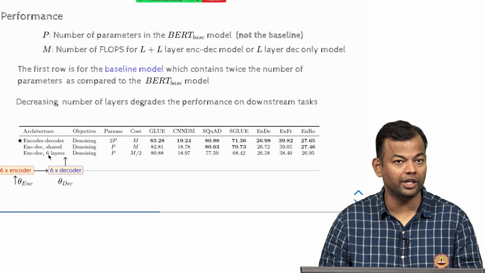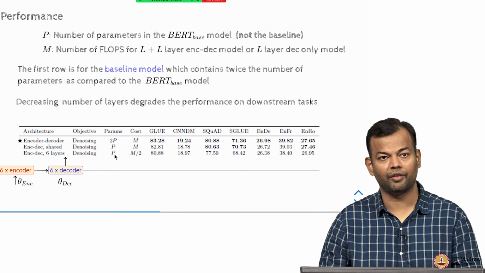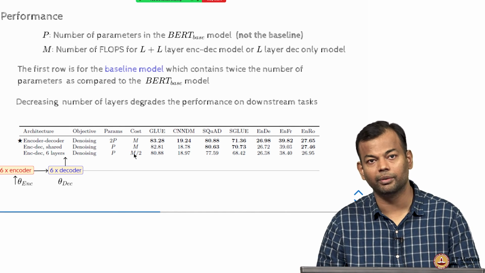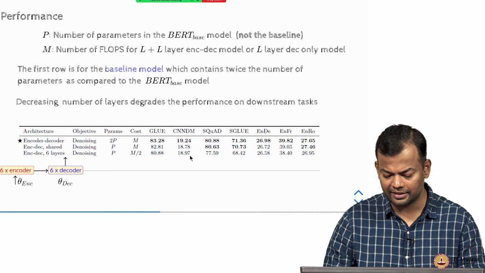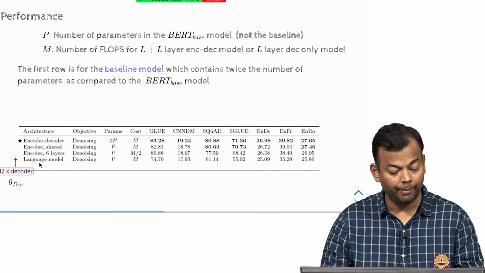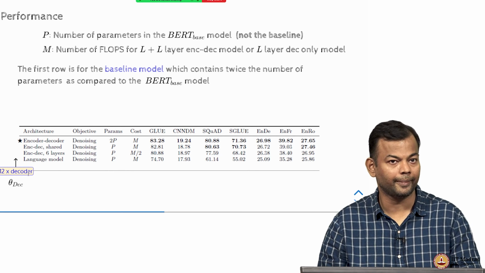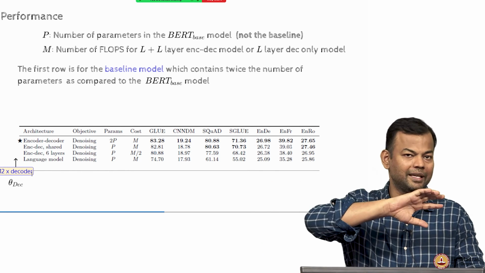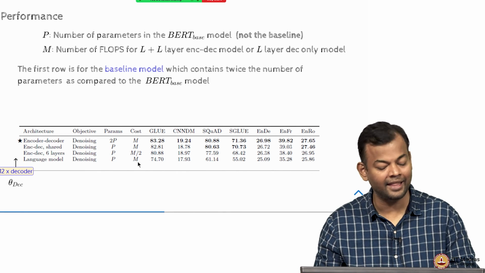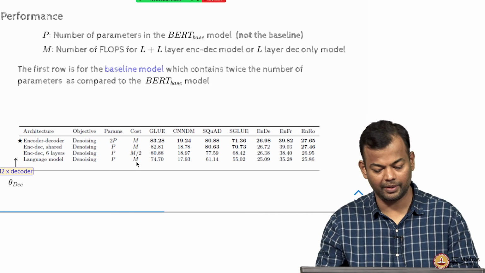But now if you reduce the number of layers from 12 to 6, your parameters become half, and your computational cost also becomes half of the BERT-based model. And of course, this leads to some further drop in performance, right? And now you're comparing this to the BERT-based model, which is the 12 layer decoder-only model, okay? Of course, BERT-based is an encoder, but this is comparable now because it has the same number of parameters and the same amount of computational cost as the BERT-based model.